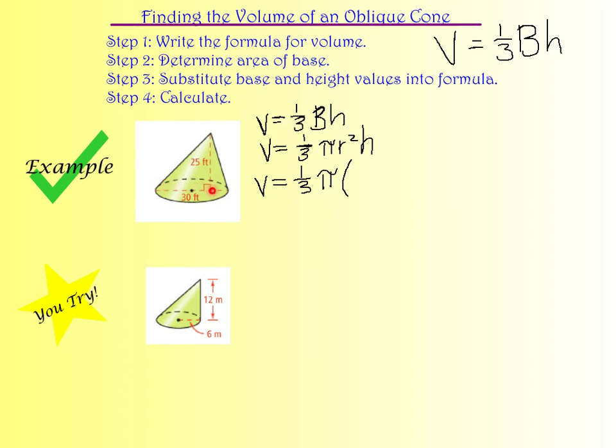We see the diameter is 30, so the radius is 15, so 15 squared, times the height. Height always goes from the vertex down to the base. So our height here says 25.